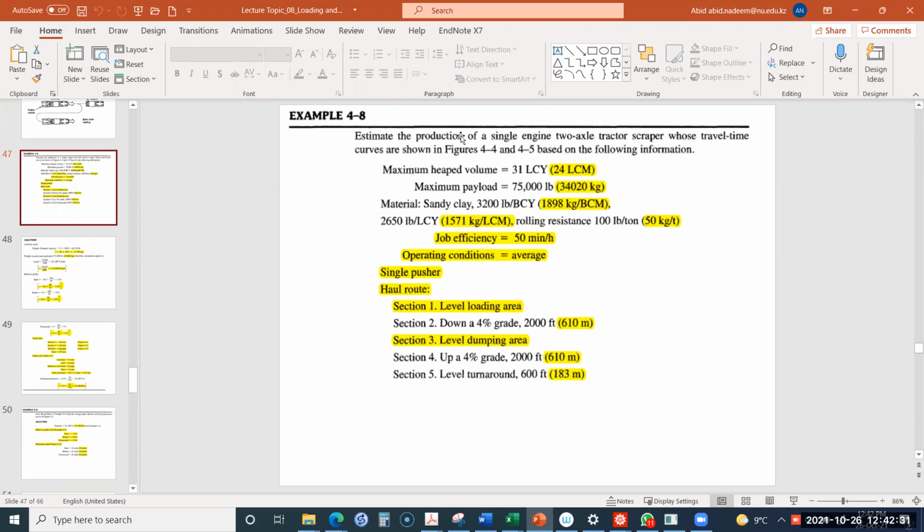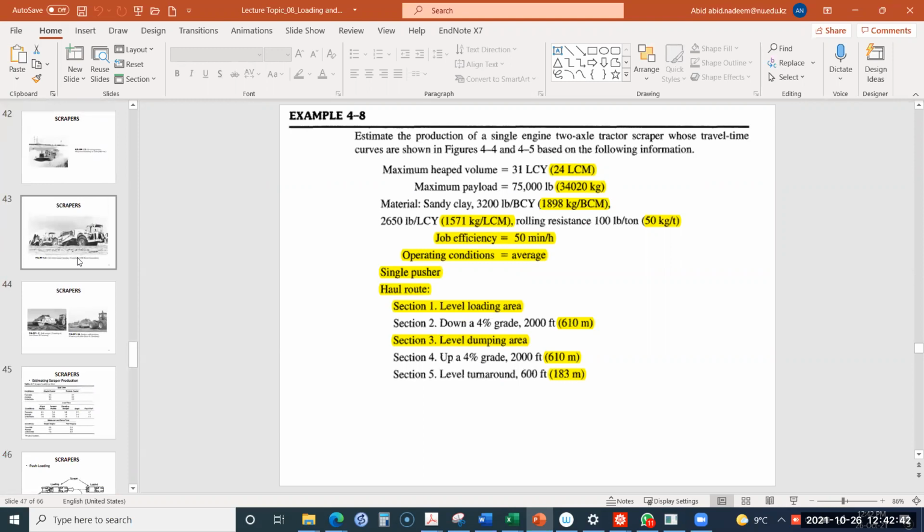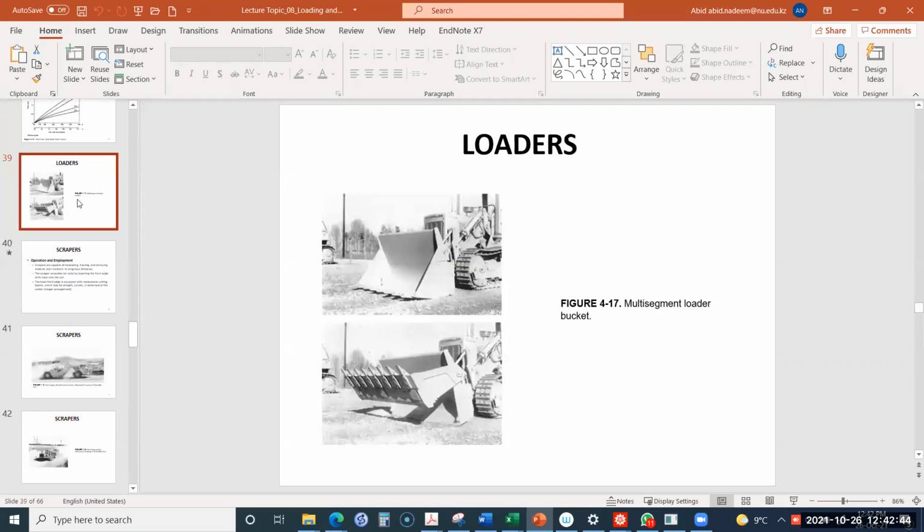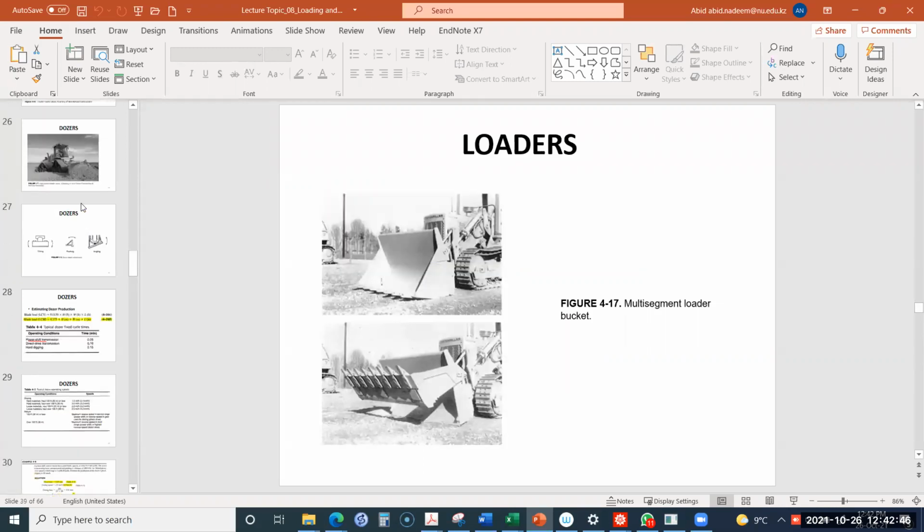Estimate the production of a single engine 2-axle tractor scraper whose travel curves are shown in figure 4-4 and 4-5. So we will go to figure 4-4 and 4-5. Figure 4-4 is here.